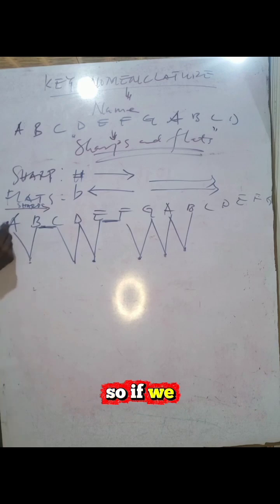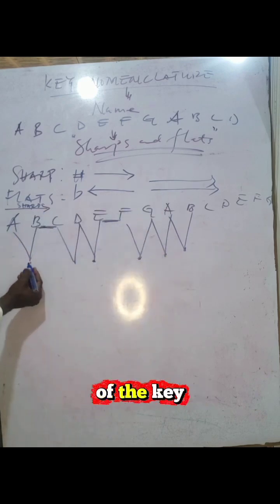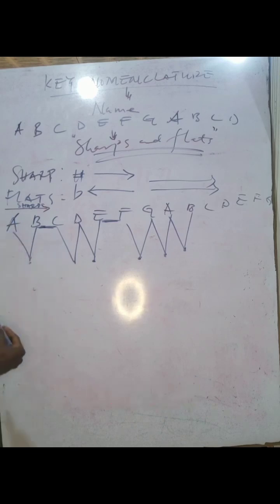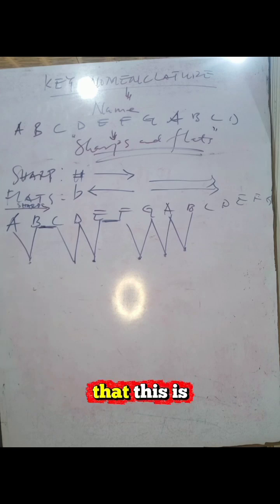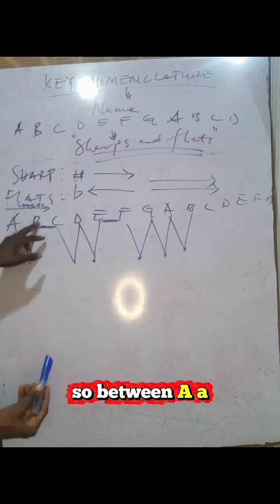So if we are starting from A using sharp, the name of the key here will bear the name of the key we are leaving. Do we get that? This is A. We want to name this key in an ascending manner. Between A and B, there's a key here.